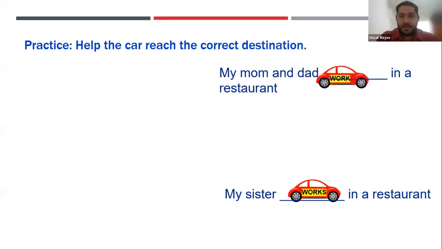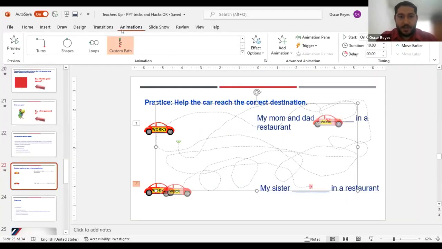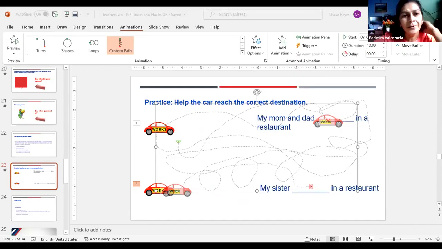So you do that in the animations tab, custom path, and the time is here. It's nice because you can substitute not just the word, the verb in this case. You can do it animated, right? So it's nice.